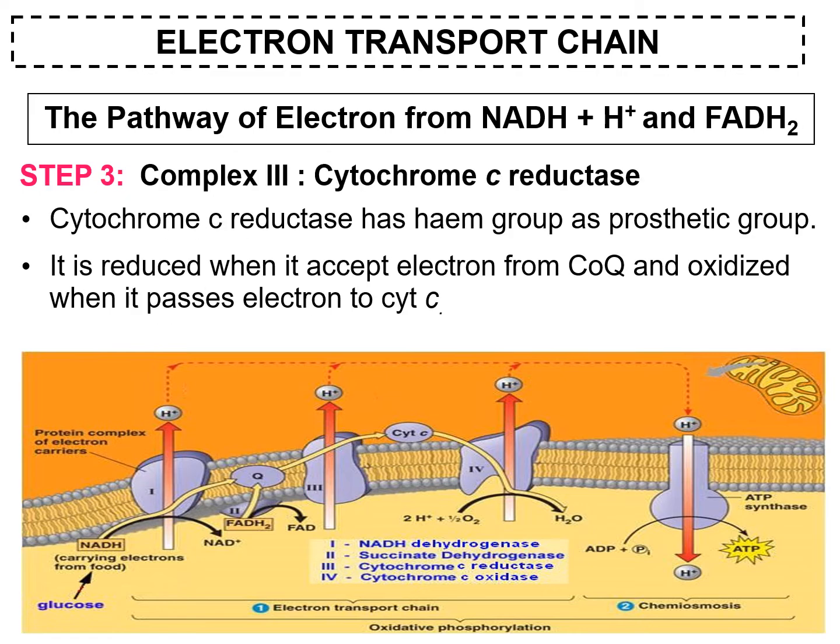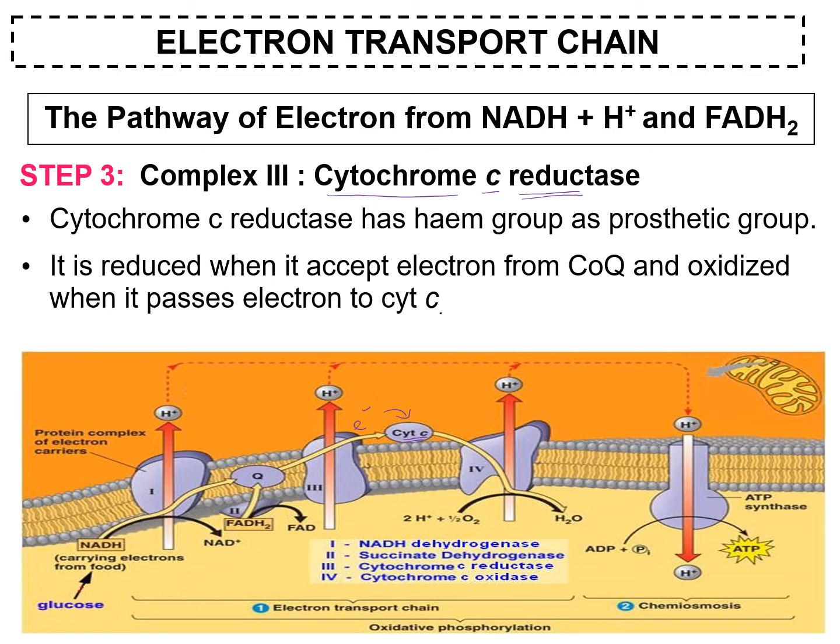Okay, in step 3, the cytochrome C reductase, because it involves cytochrome C, will reduce the cytochrome C. How does it do it? Because it will pass the electron to the cytochrome C, thus reducing the cytochrome C. When it releases the electron, it will be oxidized.